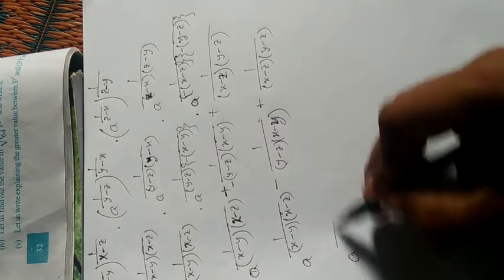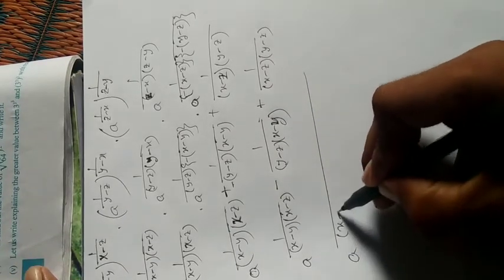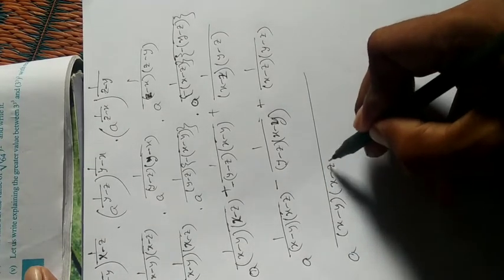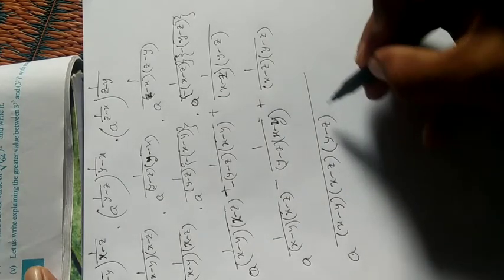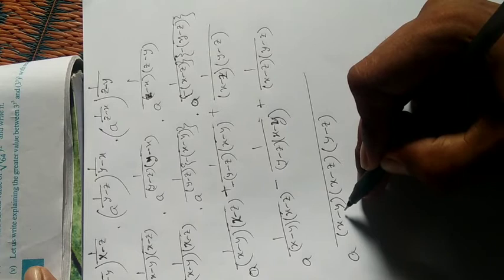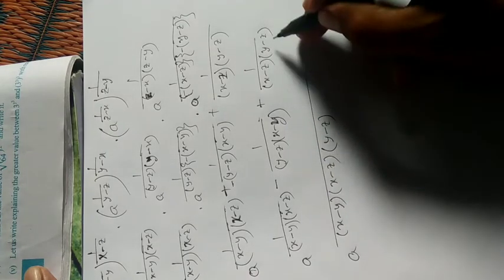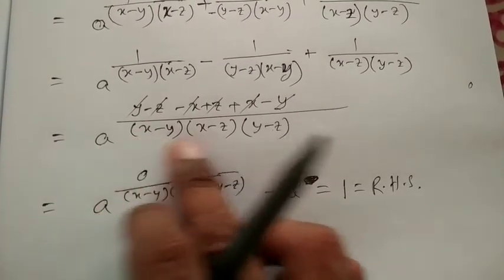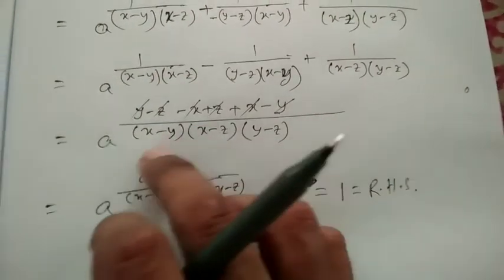Now the LCM of these factors, so first x minus y and x minus z and y minus z, but x minus y is here, x minus z is also a factor, and y minus z, and these are the LCM. So x minus y, x minus z is cancelled.